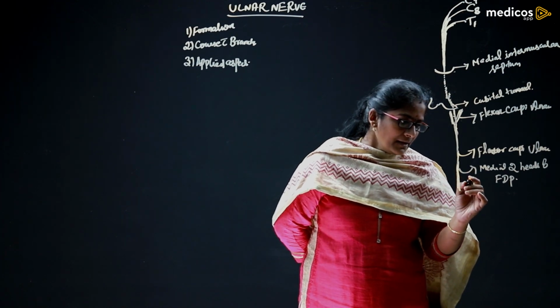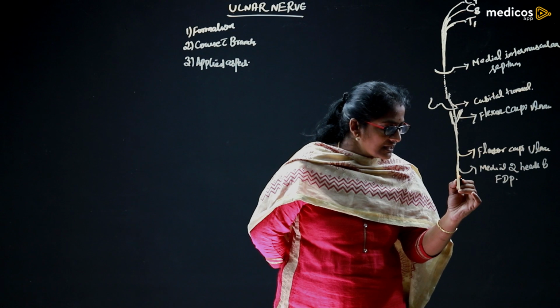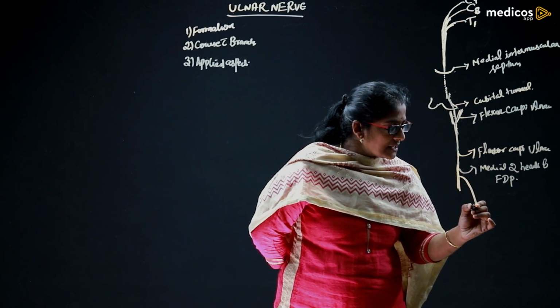Just at the mid forearm, it gives a branch called the dorsal cutaneous branch.